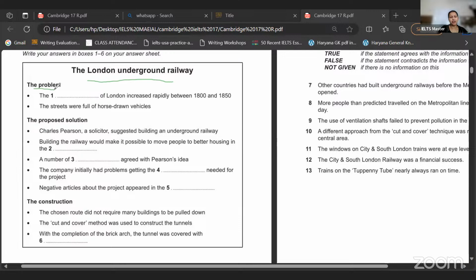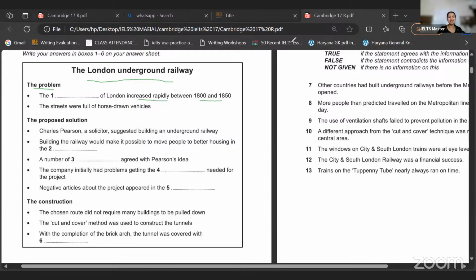Initially, they're talking about the problem: the dash of London increased rapidly between 1800 and 1850. An article is coming, so a noun will be coming here. 1800 and 1850 are numbers, and this will help you find the location.